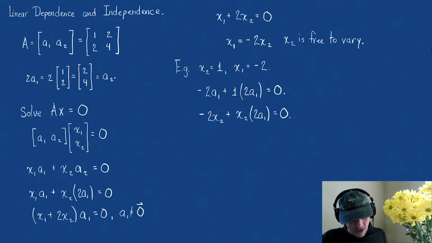So what we write then is my null solution here. My null solution says that x1 is minus 2 x2s, and x2 is x2. Well, that's just x2 as a scalar multiple. I can write it this way.